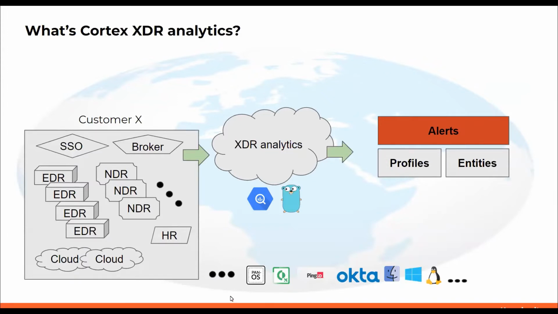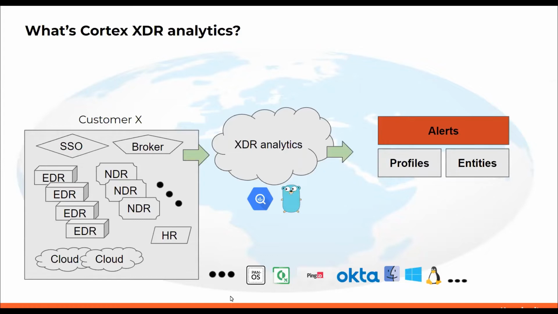Here, for example, we can see a certain customer that has various kinds of event collection capabilities, spanning from EDRs that can be Cortex agents or something else, NDRs that can be next generation firewalls by Palo Alto Networks or something else, as well as additional data sources.